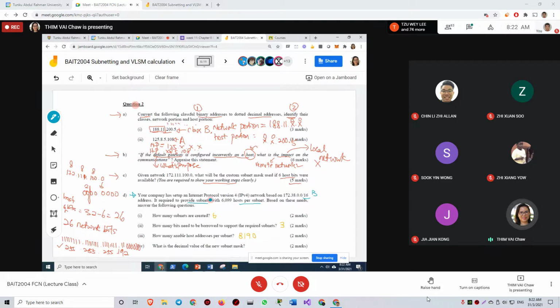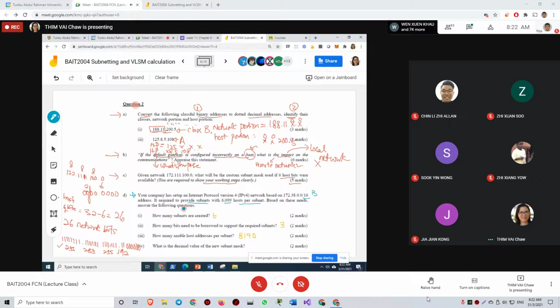It means I don't care how many subnets you create, but each subnet must give 6,099 usable host addresses. When he talks about this, it means usable host addresses. I want 6,099. So based on this need, answer the following question.